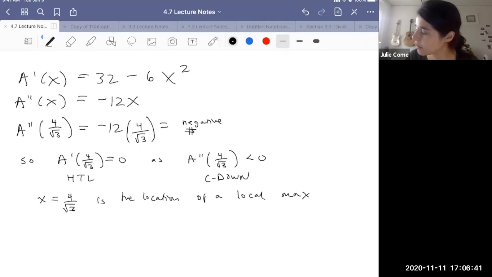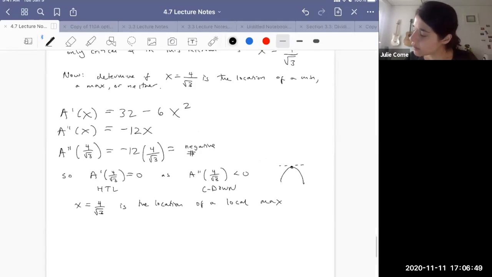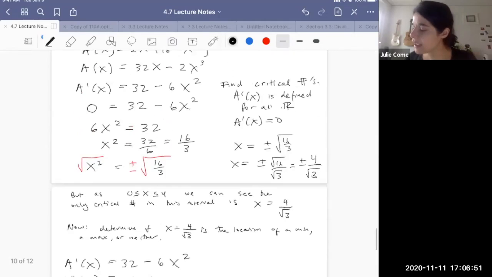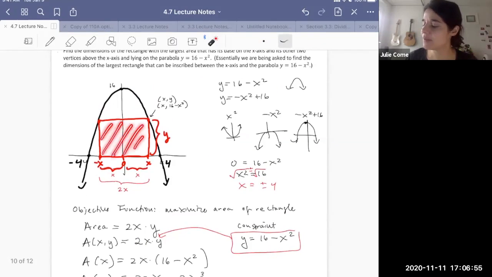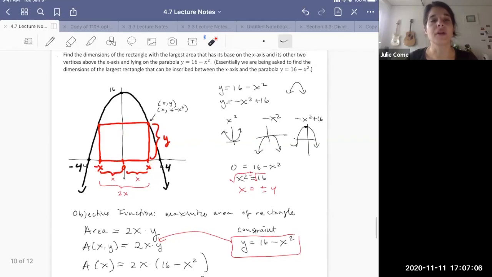If I have a horizontal tangent line and concave down, I've got to have a local max. So what does that tell me? It tells me that the area of this rectangle is going to be maximized if I let this x coordinate right here be at 4 over the square root of 3.